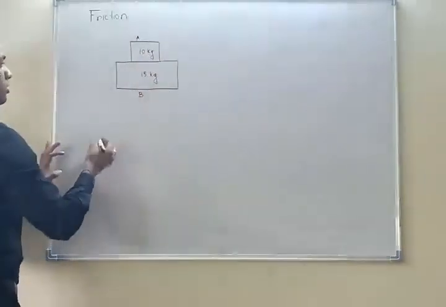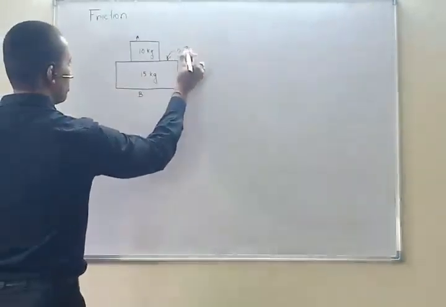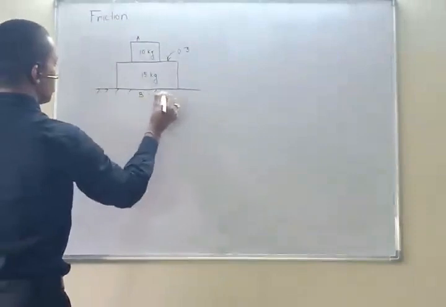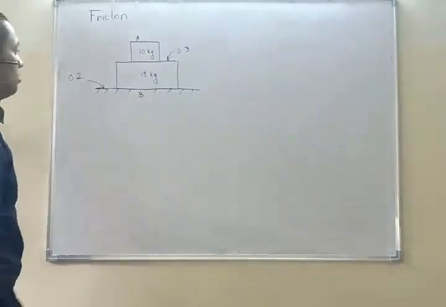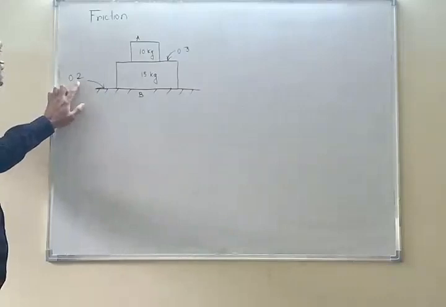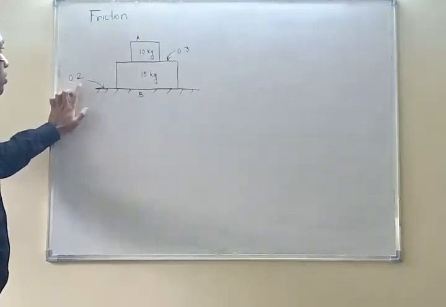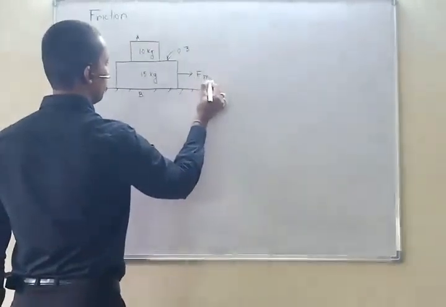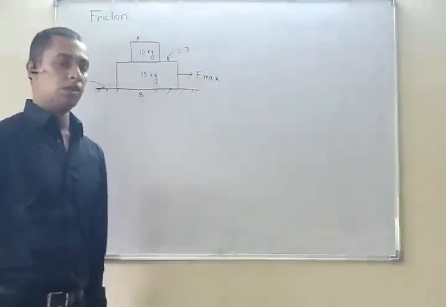The only difference is this is 0.3 and this is 0.2. What I am changing is this value. This was initially frictionless, it was 0, now it is 0.2. So I am asking about F max, for what maximum amount of force they will move together.